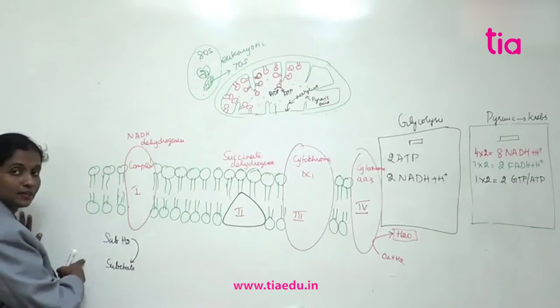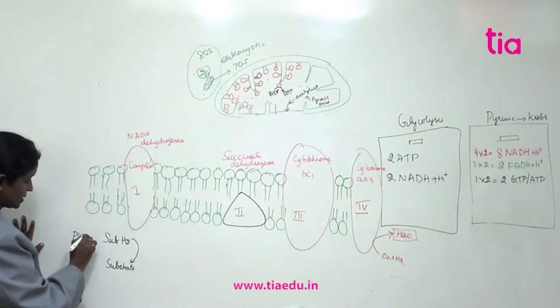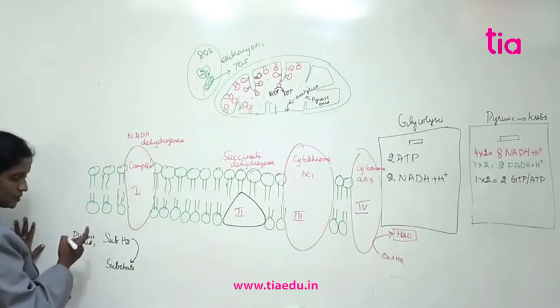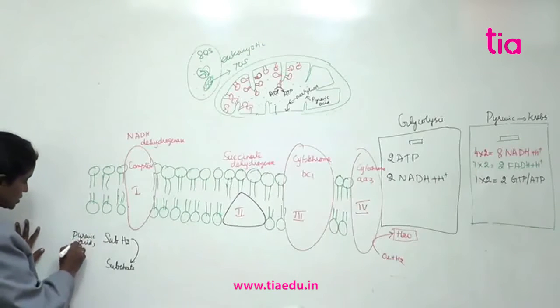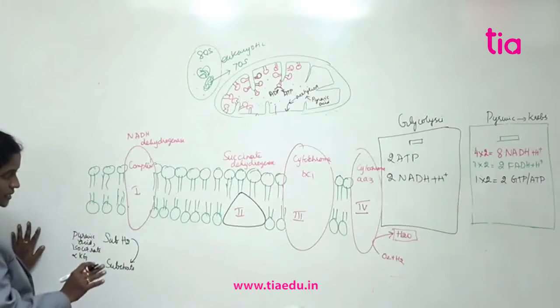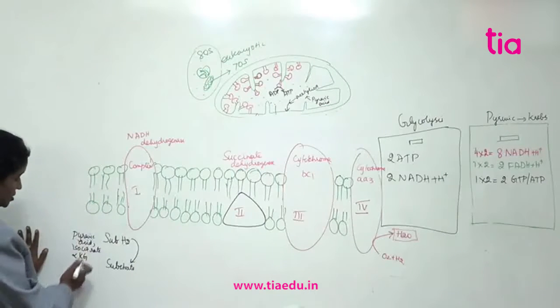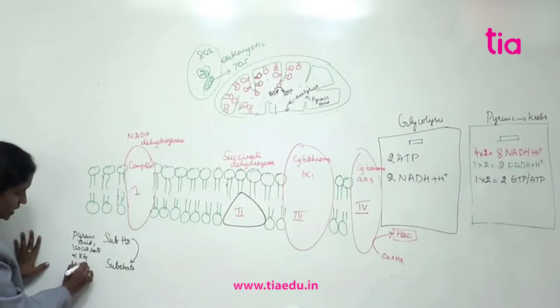It can be pyruvic acid, isocitrate, alpha-KG, or malate. It's not succinate dehydrogenase, because that involves only the second step.